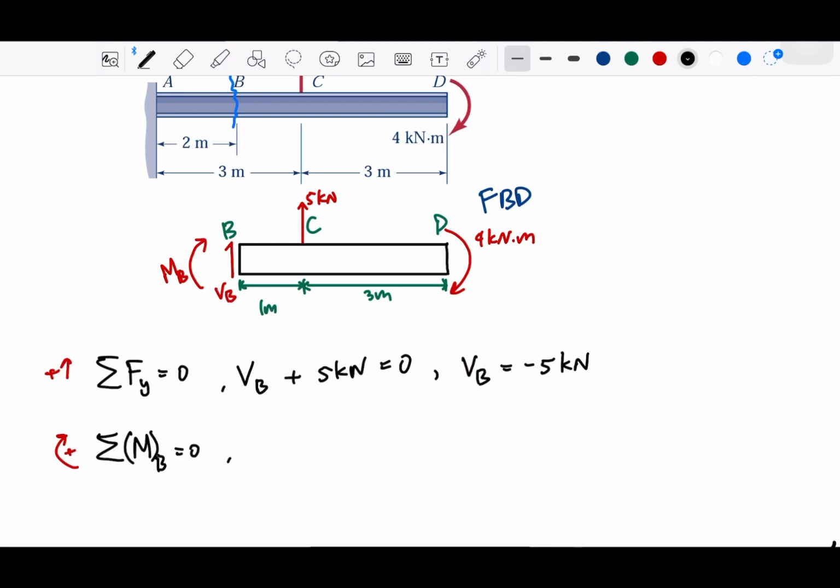So now we take MB, right? That's positive, and then the 5 kilonewton and 1 meter is going to be counterclockwise, which is negative 5.